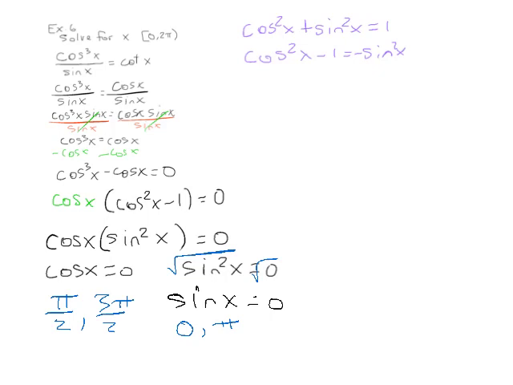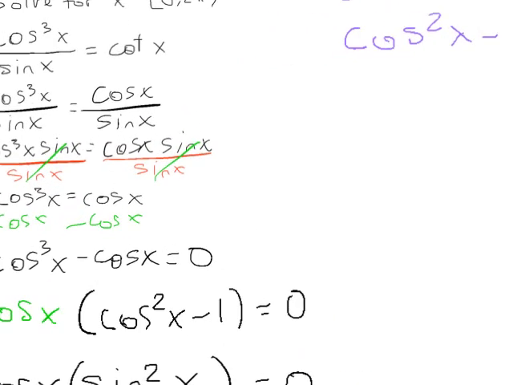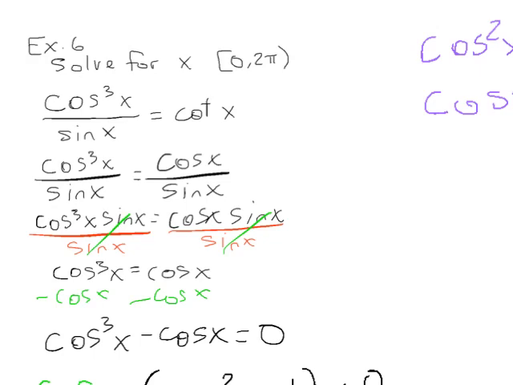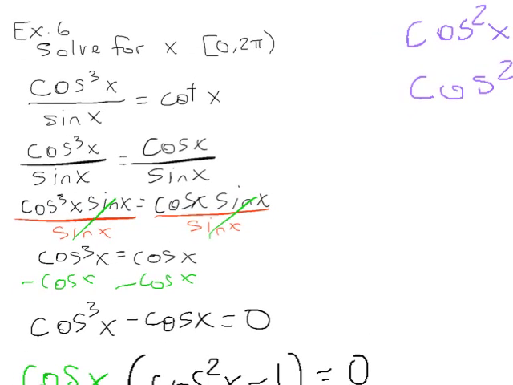Now, check this out. Where I get sine x equal to 0, which is at 0 and pi, we have to pay attention because in my original problem, in the cotangent right here, if I put a 0 in for my sine, I am undefined. It's not possible to get that specific number there.